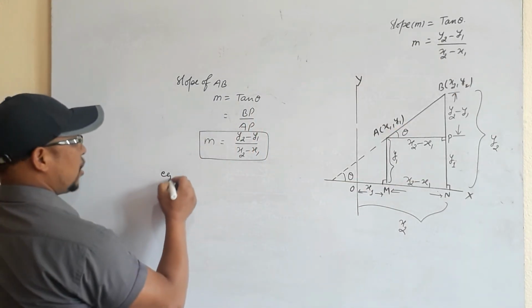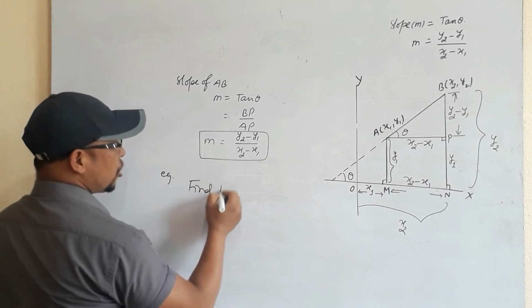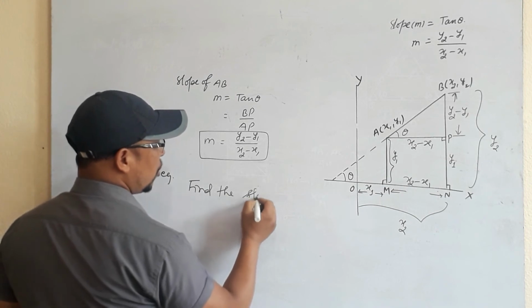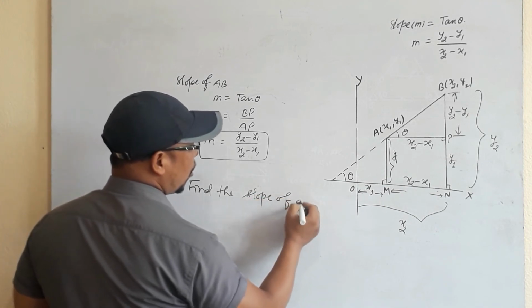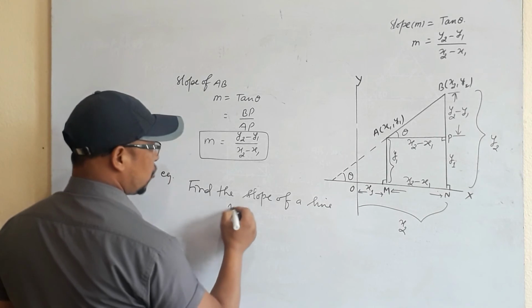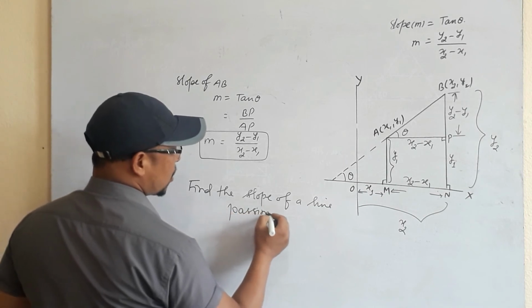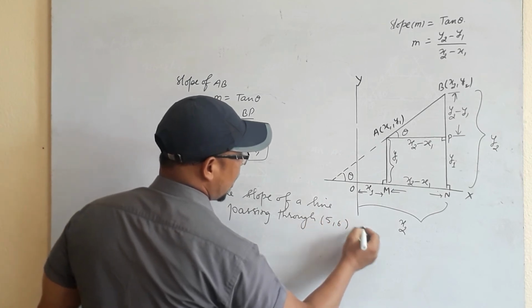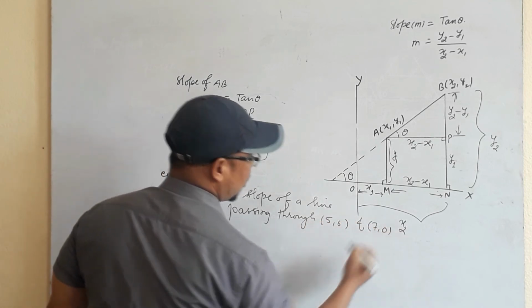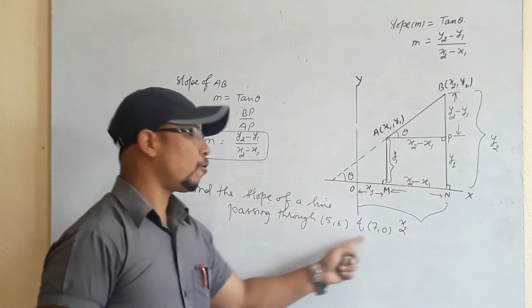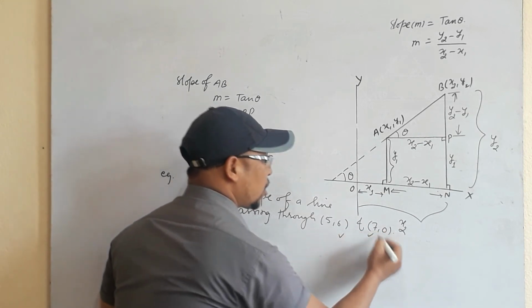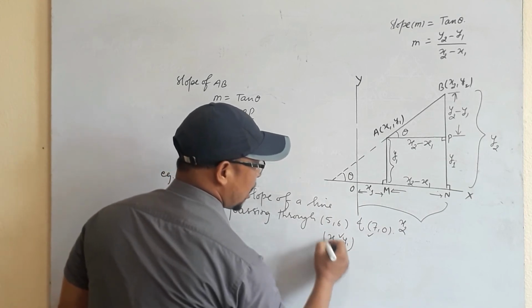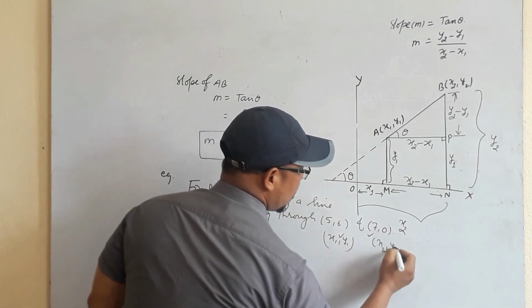For example, find the slope of a line passing through 5 comma 6 and 7 comma 0. Here coordinates are given, so this is x1, y1 and this is x2, y2.